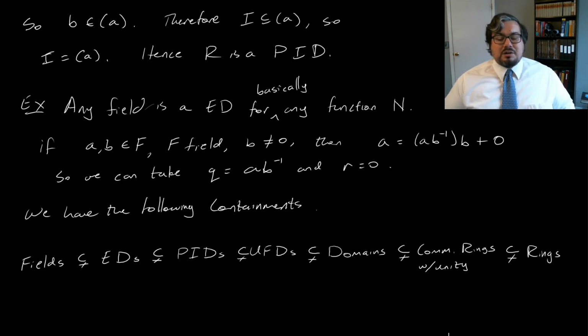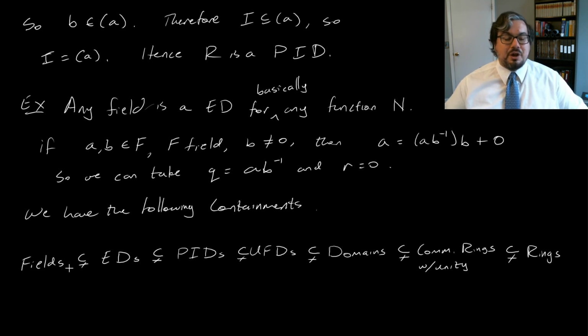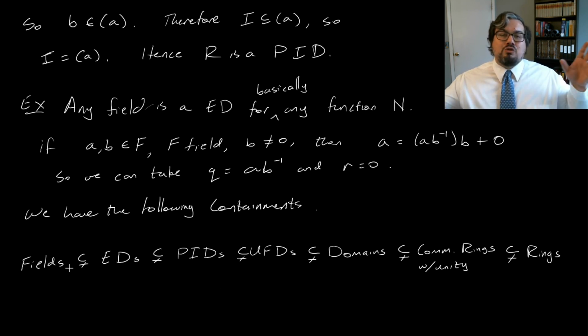So these are some of the most important classes of rings that we work with. And the further left you go, the more rigid the structure of the ring gets. The more we know about the structure of the ring, and in some ways, the more things that you can prove. But as you move to the right, you get much, much larger classes.